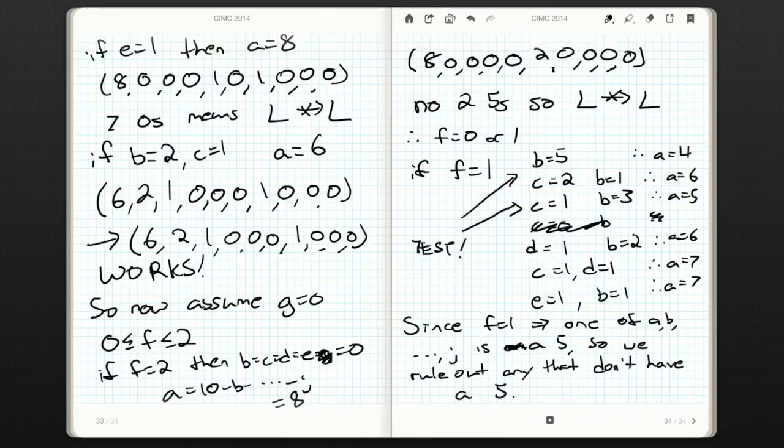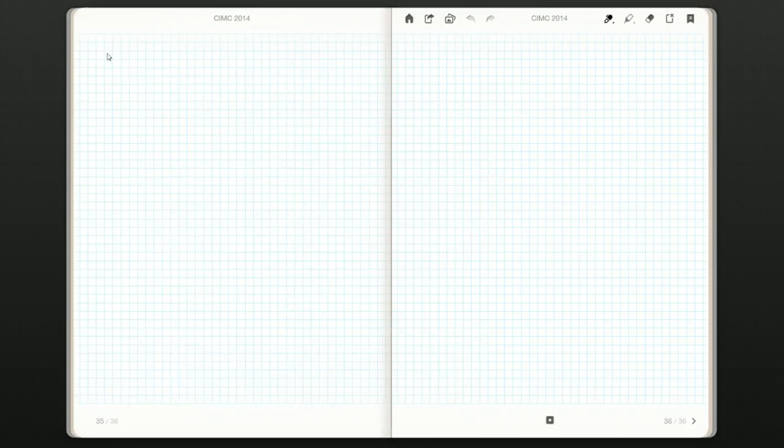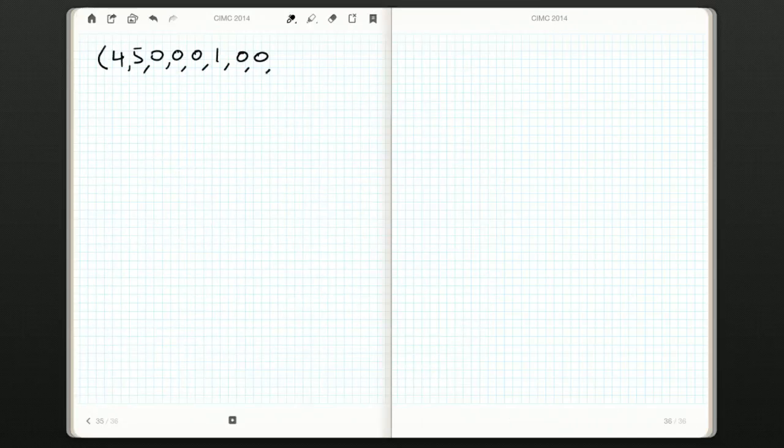Alright, so that at least cut down our work a little bit. We didn't have to write each of these out. So F equals 5, B equals 5, A equals 4. 4, 5, C, D, E, F, G, H, I, J.